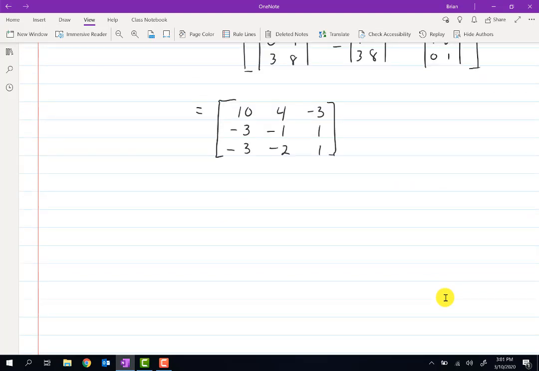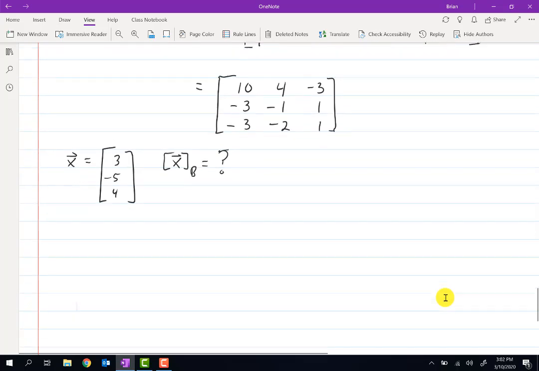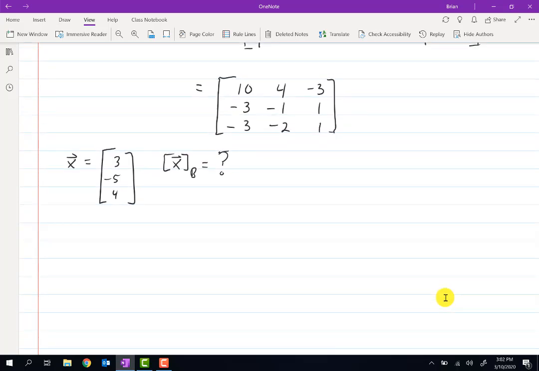Now the question gave us this. They gave us x equals 3, negative 5, 4, and they want the B version of that vector. So I'll put a big question mark here. Well, the equation, as we have, was P_B inverse X is equal to the B basis version of X. So let's see what we have here.